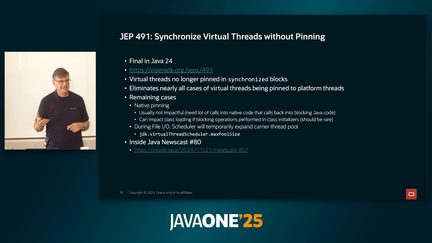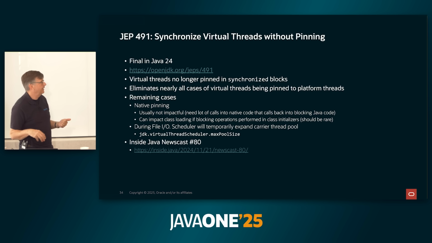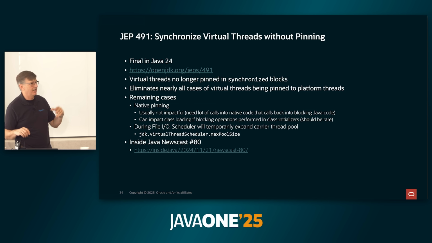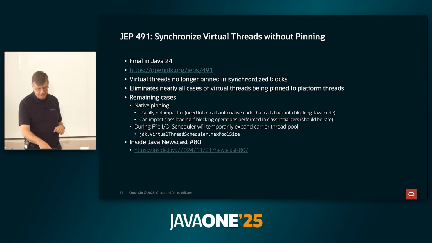We're going to look at some things that are in the works or coming up. I mentioned the synchronized keyword issue was fixed with pinning in Java 24. You can look at JEP 491 for more details. There is also a good Inside Java newscast, number 80, if you want to watch a video concerning this.